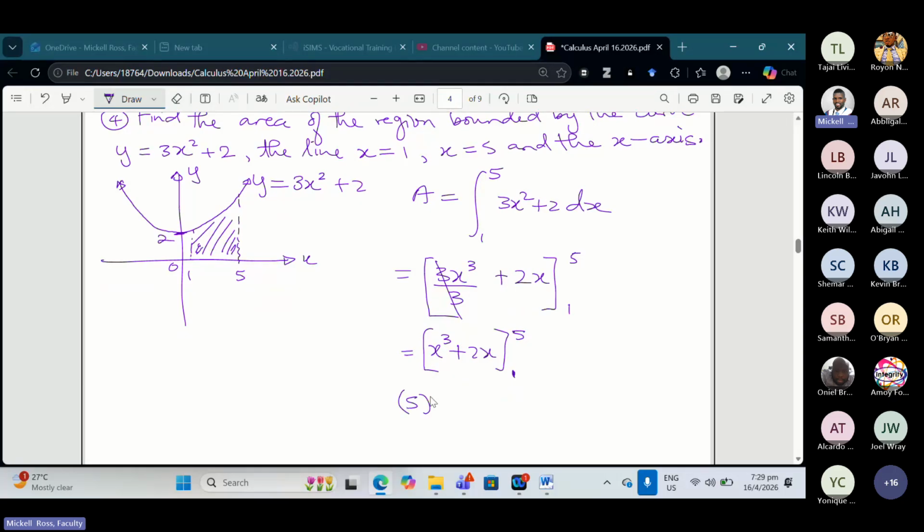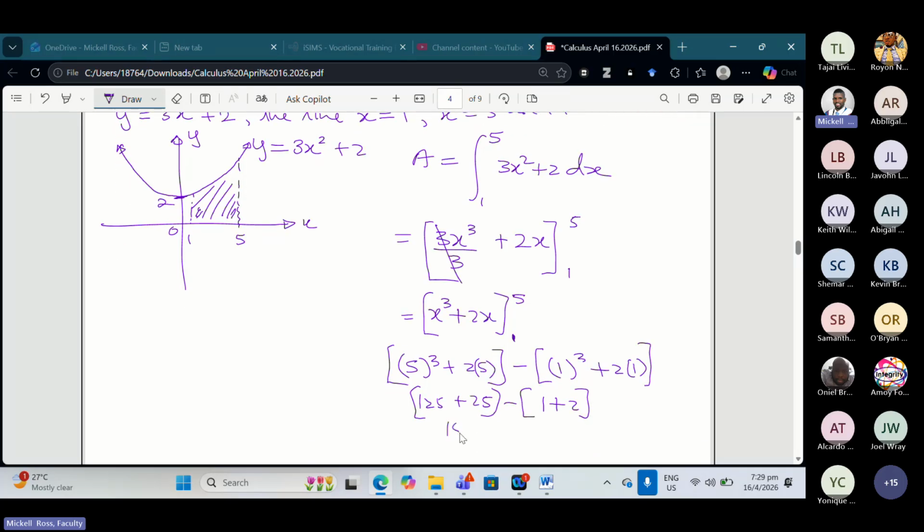So we have 5 cubed plus 2 times 5, minus 1 cubed plus 2 times 1. 5 cubed is 125 plus 10 is 135, minus 1 plus 2. This is going to be 150 minus 3, which is going to give us 147 units cubed.